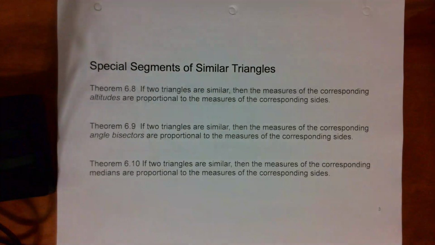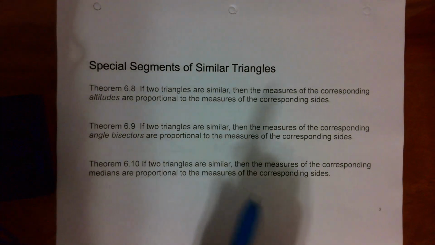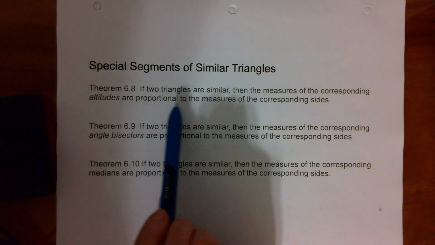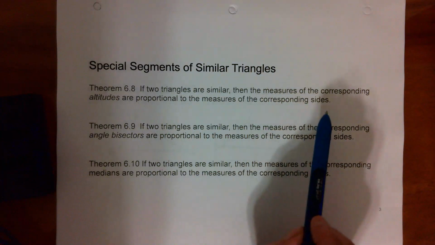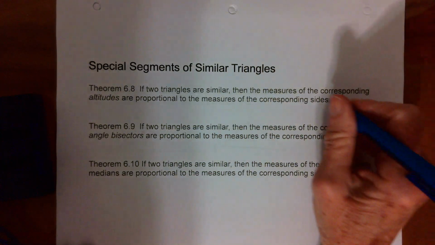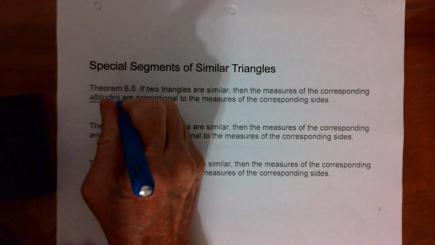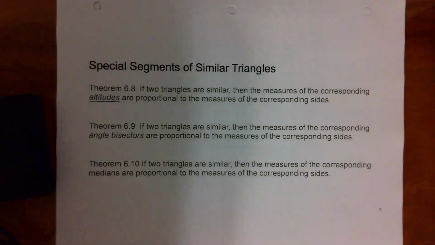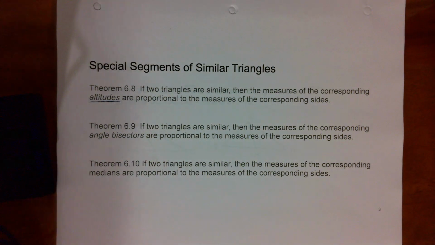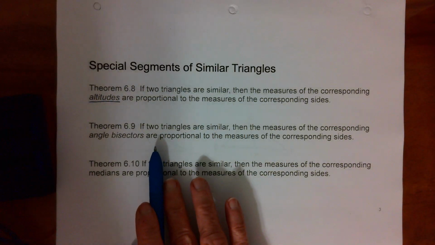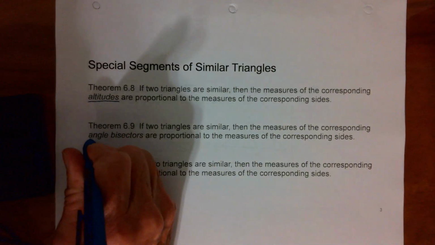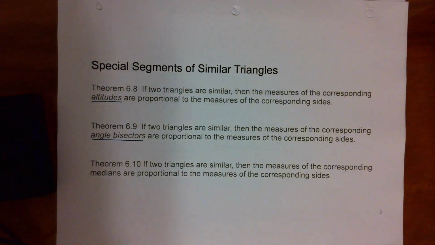Now, you have other theorems that are very similar to the perimeter theorem. You have this theorem that says if two triangles are similar, then the measures of their corresponding altitudes are proportional to the measures of their corresponding sides, just like the other one said perimeter. This one says if two triangles are similar, then the measures of their corresponding angle bisectors are proportional to the measures of the corresponding sides.